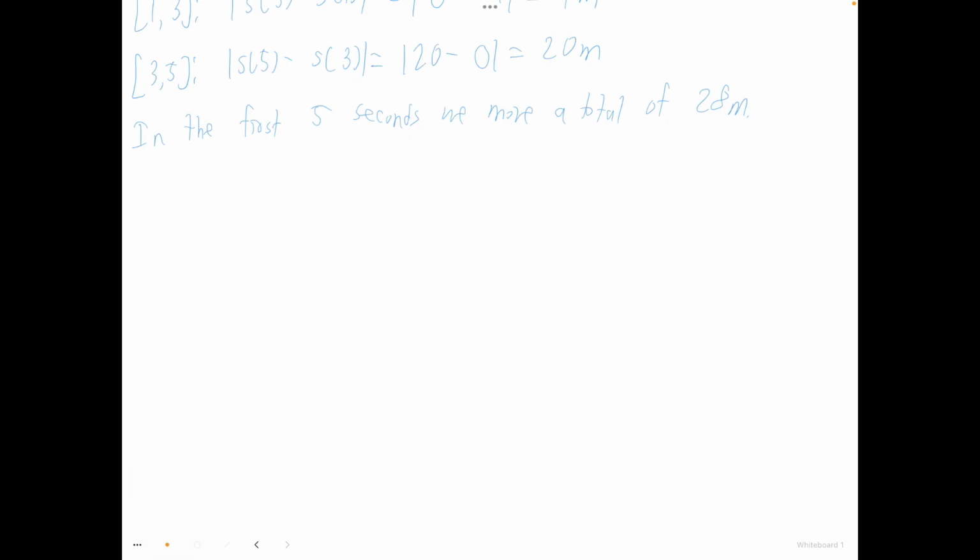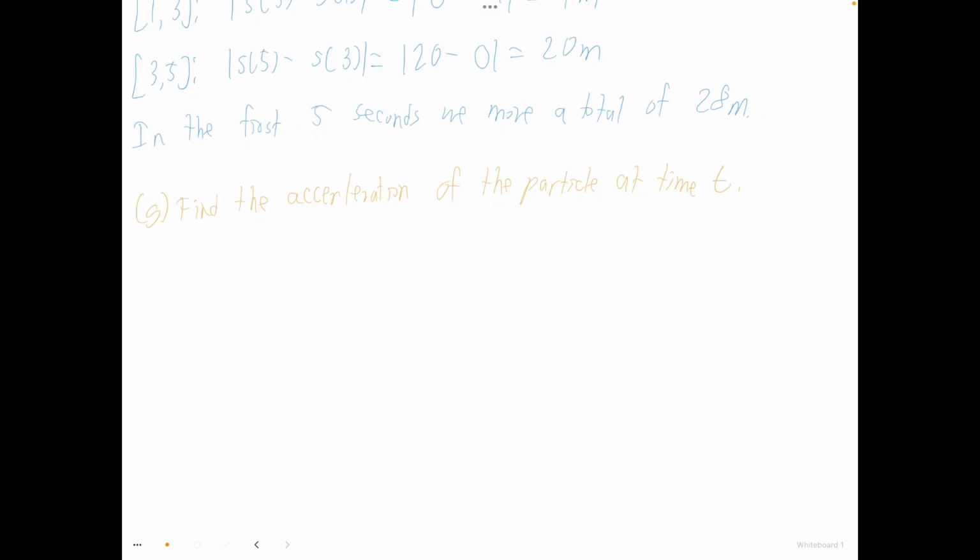And so next we have part G. So in part G, we want to find the acceleration of the particle at time t.